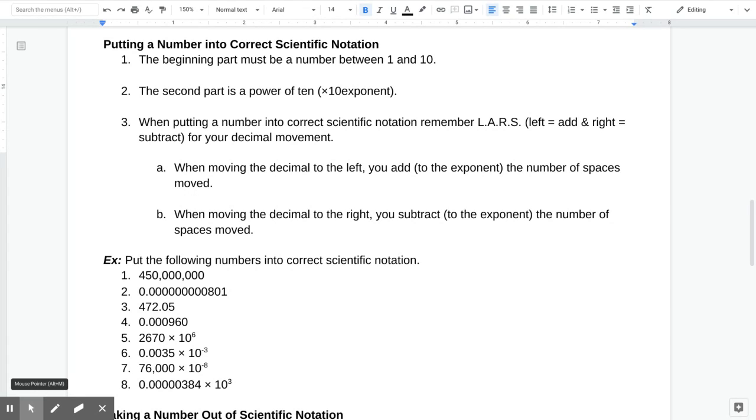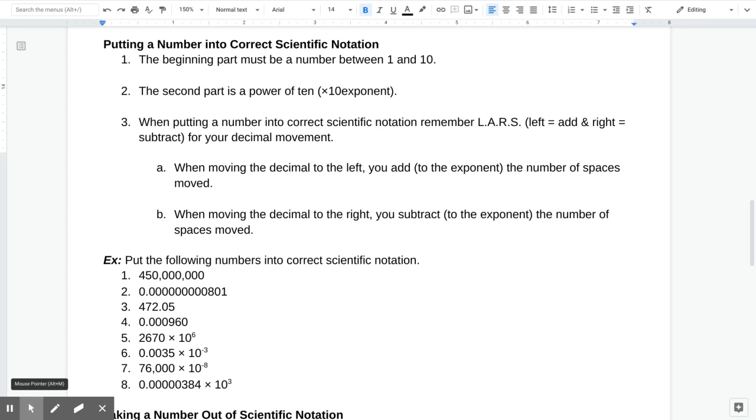If you're moving your decimal to the left, you add 1 for every jump you make to the left. But if you're moving to the right, you subtract 1 for every jump to the right.